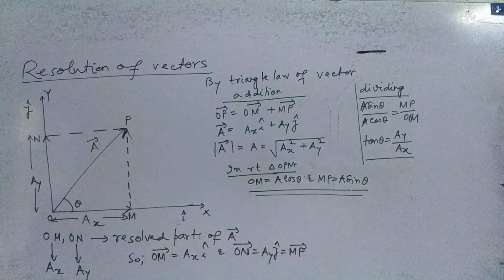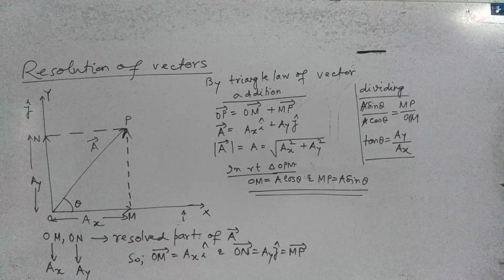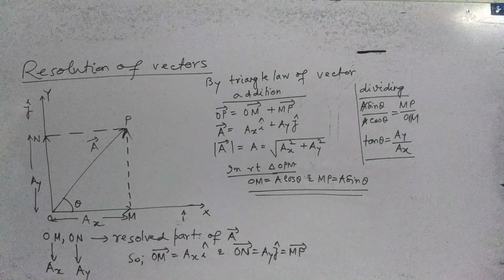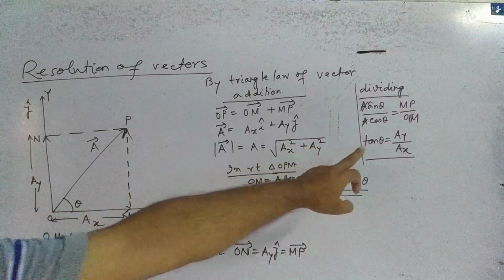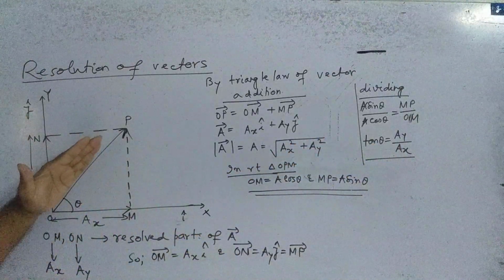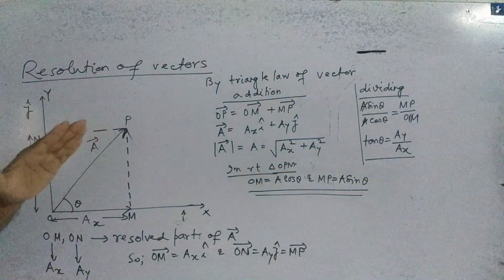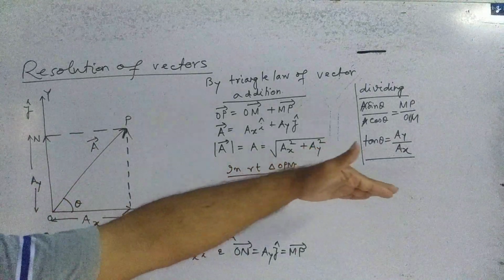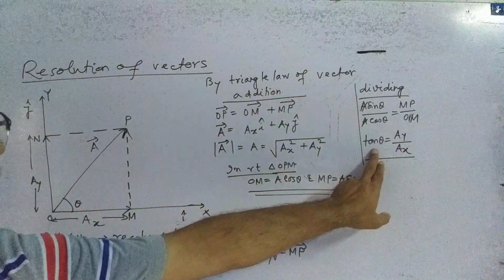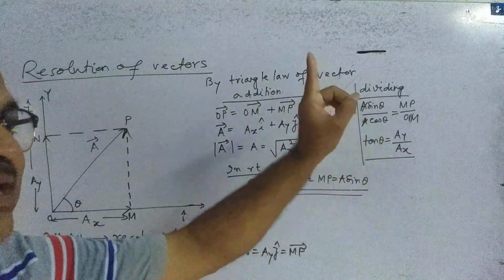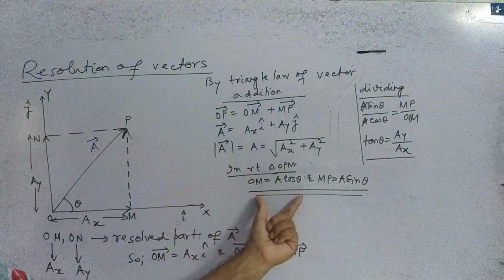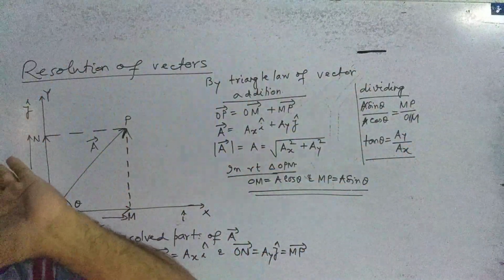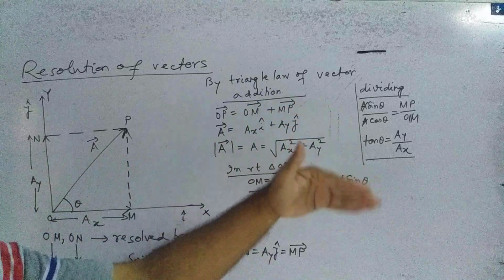This is the value of tan theta, because I told you before also, a vector is incomplete without its direction. It shows the direction of the vector. If I am asked the direction of A vector, I will say that if it is inclined at angle theta with respect to the x-axis, then tan theta should be equal to AY by AX. This shows its direction, and its magnitude is shown by A equal to root AX square plus AY square. Simple Pythagoras theorem. All the things we got.